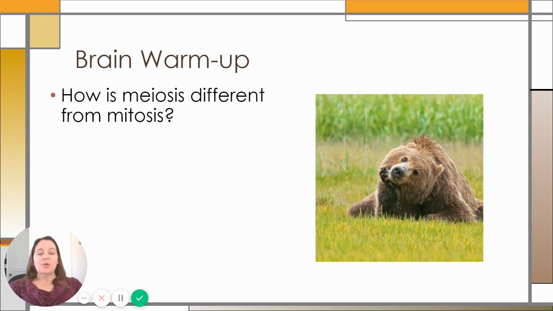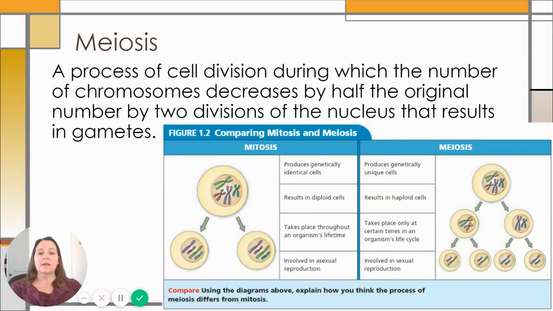Great. So hopefully you saw or entered some good things that are the differences between meiosis and mitosis. Let's discuss those now. This graphic is really good.